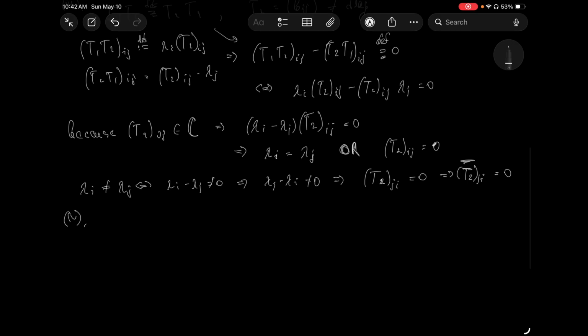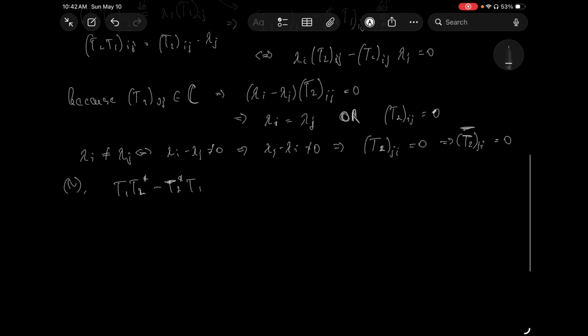Well, step number 4. The next thing that we have to do here is to show the commutator. How does an individual element of the commutator look like? So we have T1 T2 adjoint minus T2 adjoint T1. And let's see how it looks. So you can find ij here.